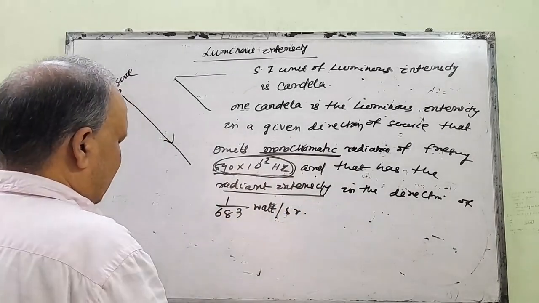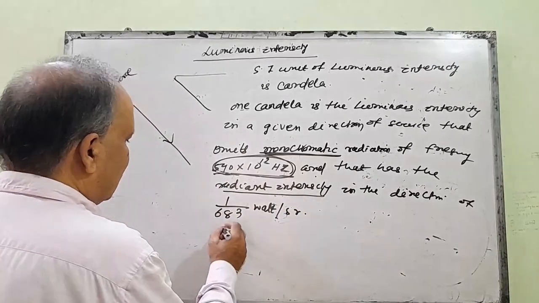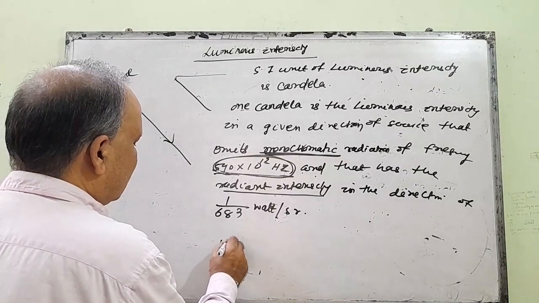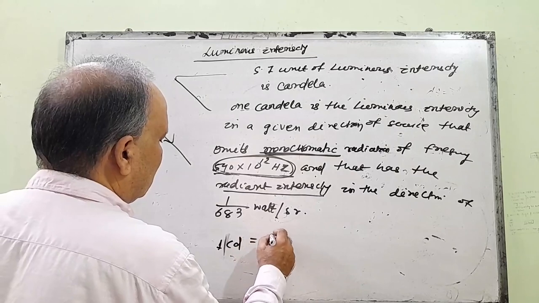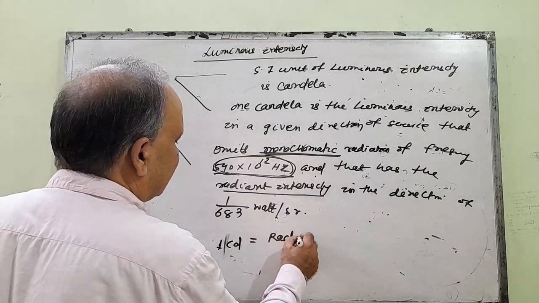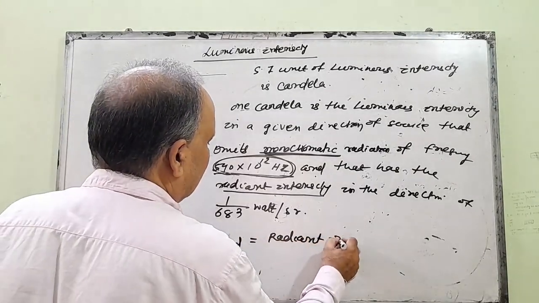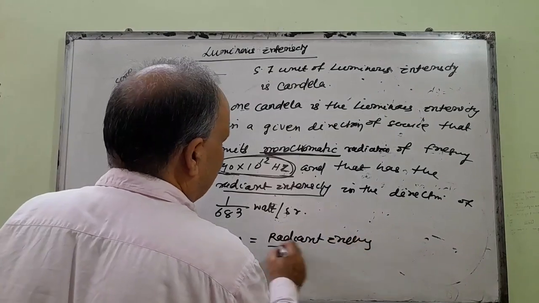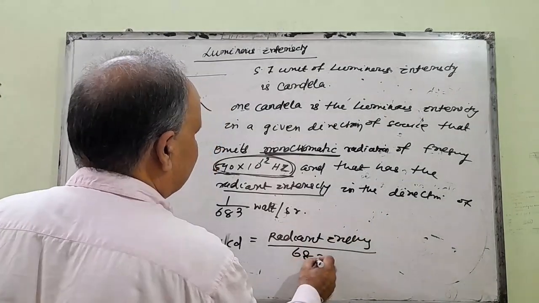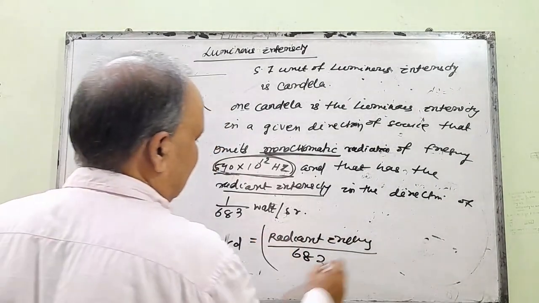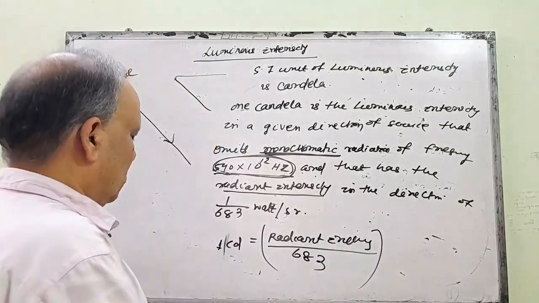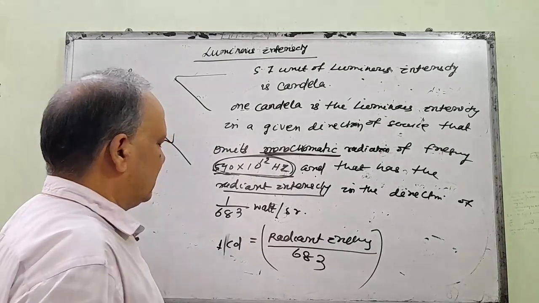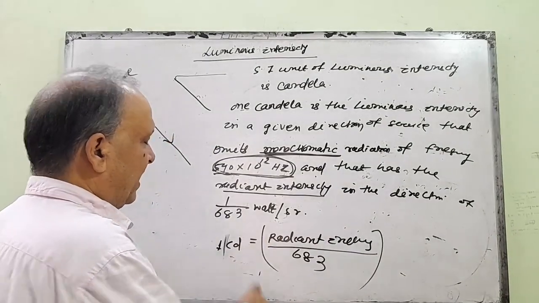One candela is equal to radiant intensity divided by 683. When you divide by this factor, this is equal to 1 candela.